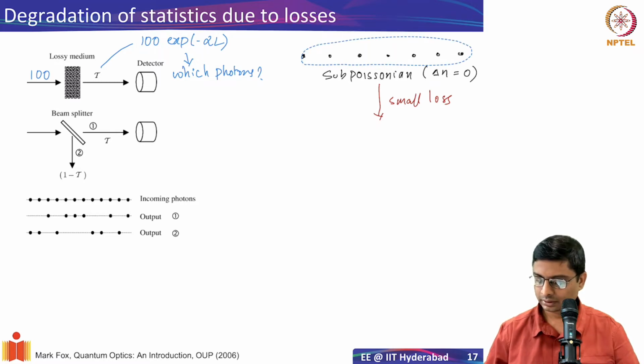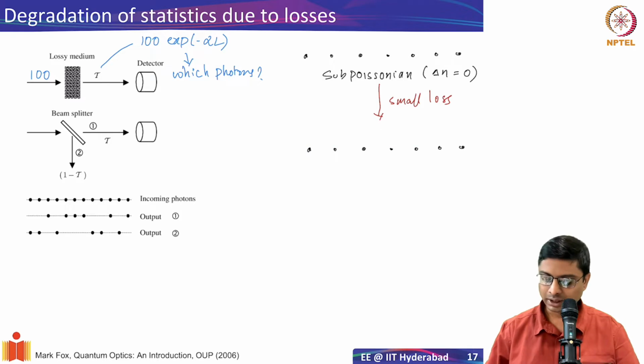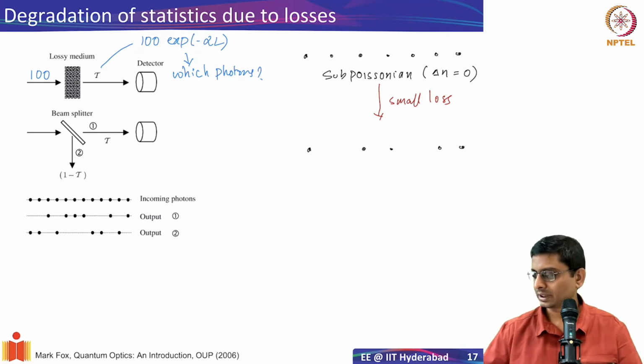Let's say that because of some small loss, 2 photons are absorbed. What will be the statistics of this? If just a few photons are absorbed compared to the overall incident photons, then your statistics are still going to be Sub-Poissonian.